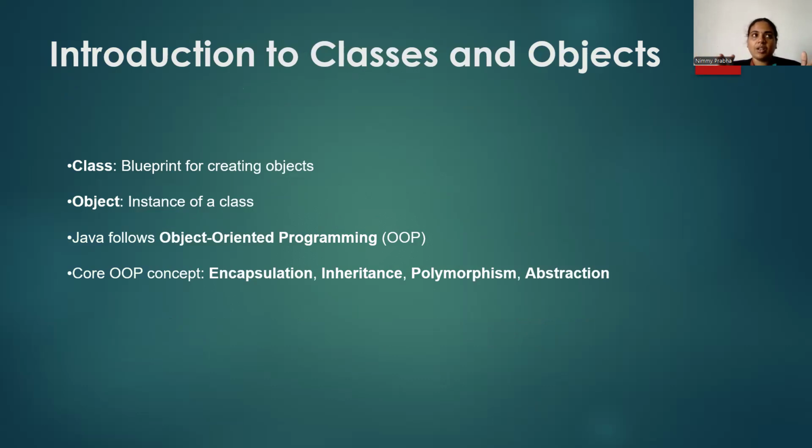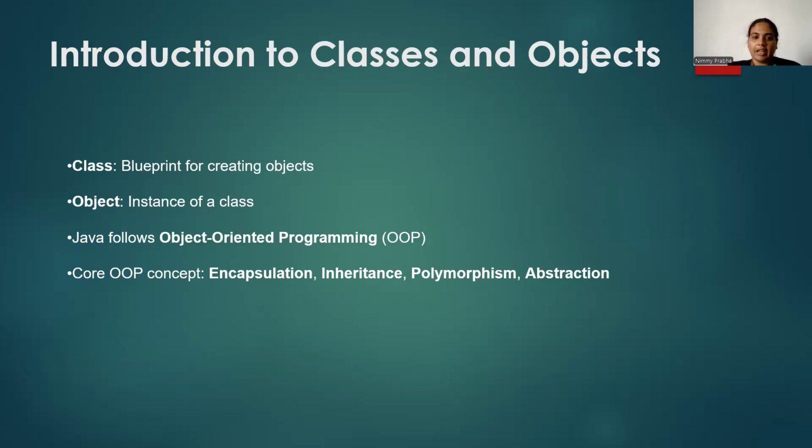In Java, the main concepts are object and class, and the core concepts are encapsulation, inheritance, polymorphism, and abstraction. Object-oriented programming means the main focus is the object and its processes.